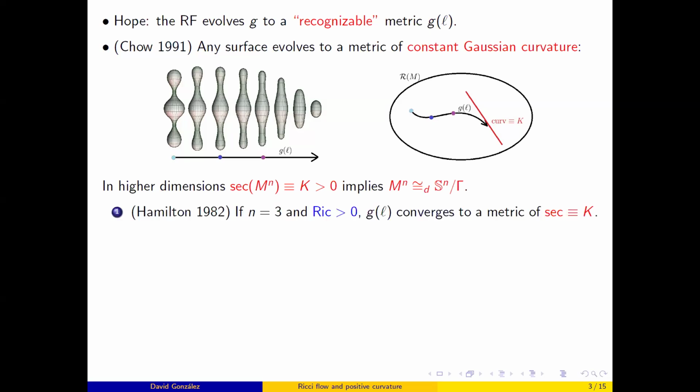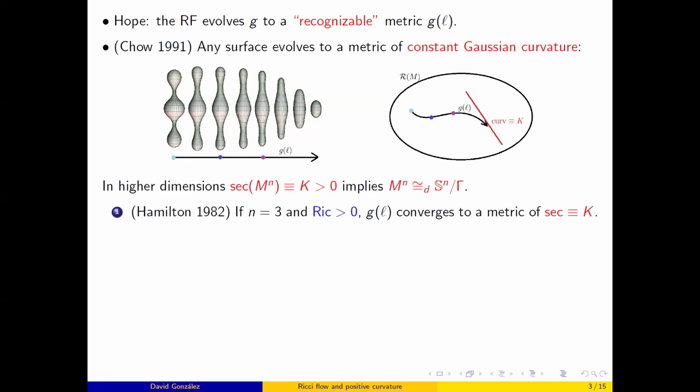Hamilton himself, in his first work, proved that in dimension 3, if you start with something of positive Ricci curvature, the flow will converge to a metric of constant curvature. Therefore, it has to be diffeomorphic to a sphere.